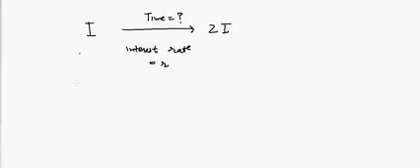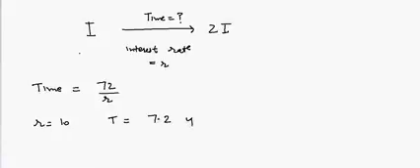There are certain ways to calculate this, but if you use this trick, the approximate time can be calculated very easily, and the time will be equal to 72 divided by R. So for example, if the rate is 10, then the time will be equal to 7.2 years. If the rate is 20, then the time will be equal to 3.6 years.